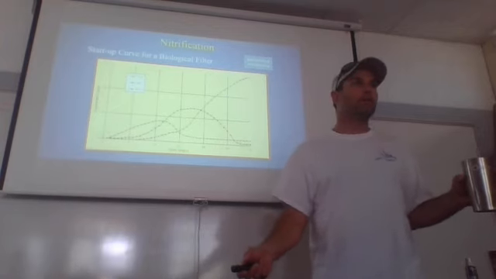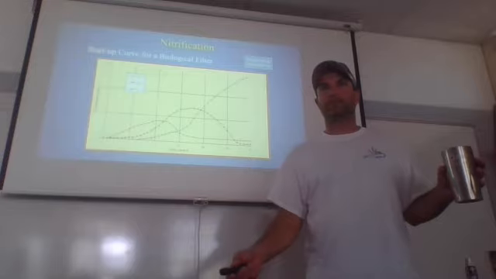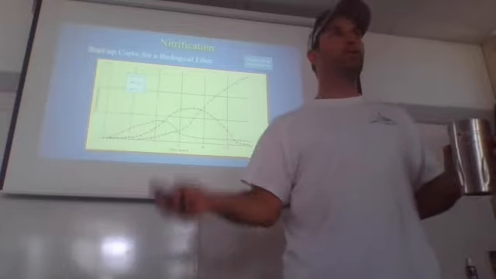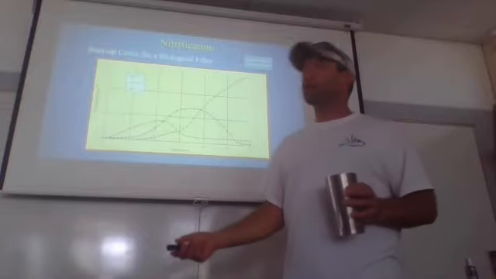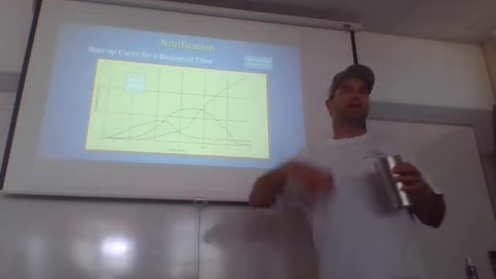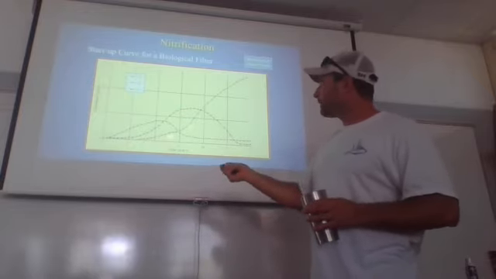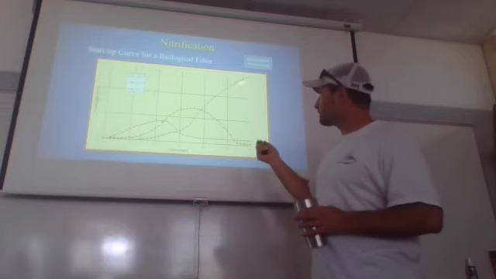Who's going to come along? Your Nitrobacters are going to come along and be like, hey, this place is cool. There's tons of nitrite here, and I love eating nitrite. They're going to start reproducing like crazy, and you'll have really high populations of Nitrobacter, and their byproduct is nitrate, which just builds up in the system.